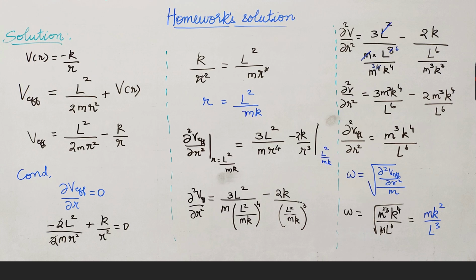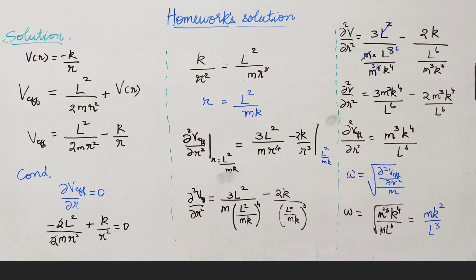So now I have to find my angular frequency. So how can I find that? I know that omega is equal to root over k by m, or I can also use omega is equal to root over dou square V by dou r square by m. So I'm going to find my dou square V effective by dou r square at this equilibrium point.